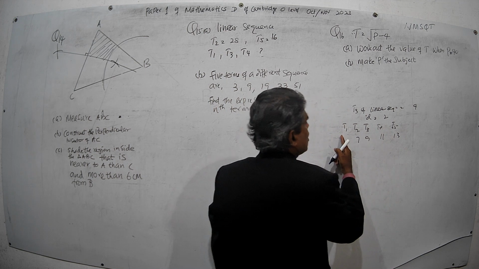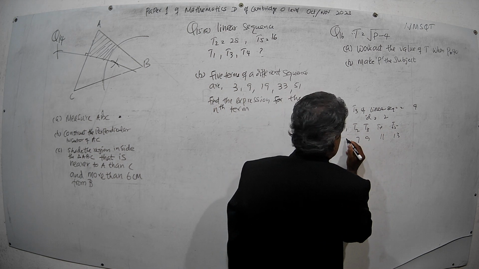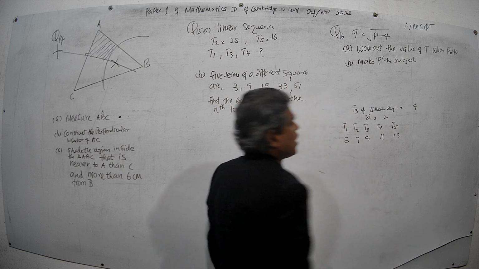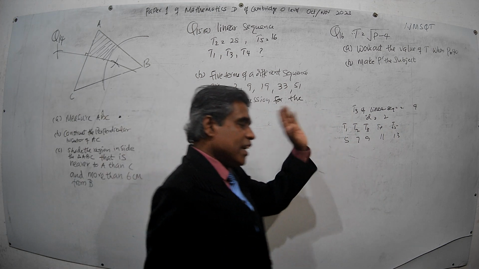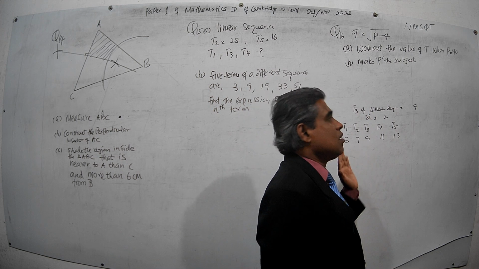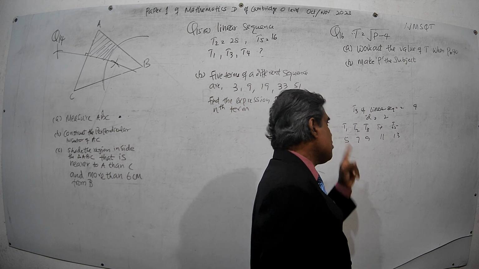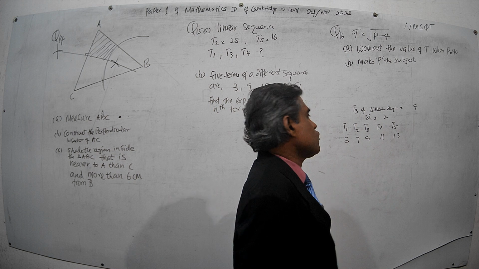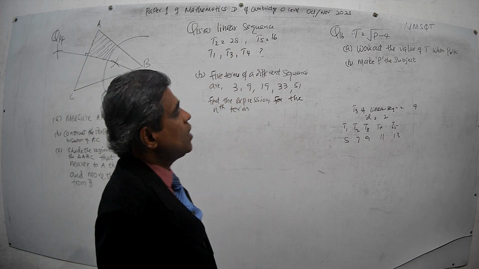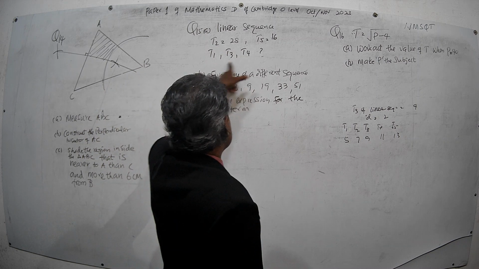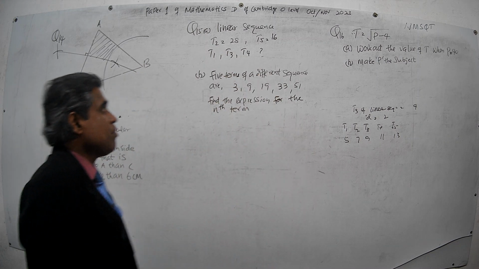Then T1 will be 7 minus 2, which is 5. So this is how you can build up the linear sequence when you know one term and the common difference. Here they have given 2 terms, so we can find the common difference.